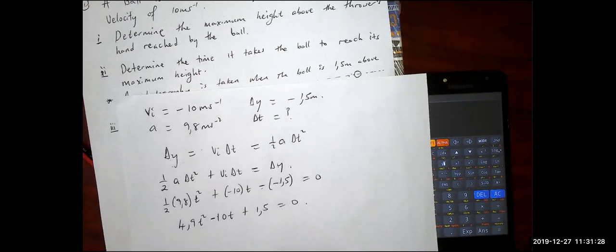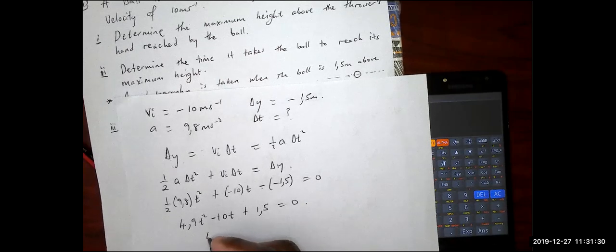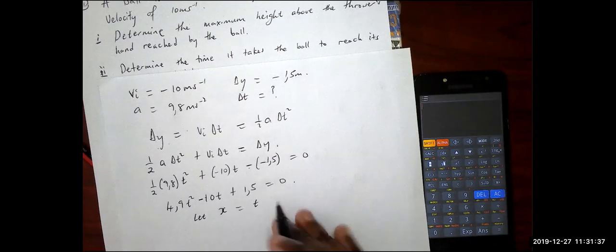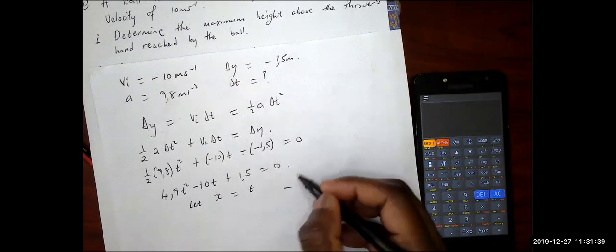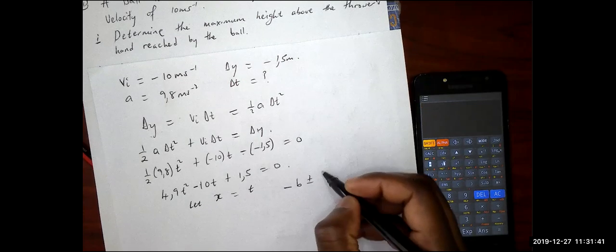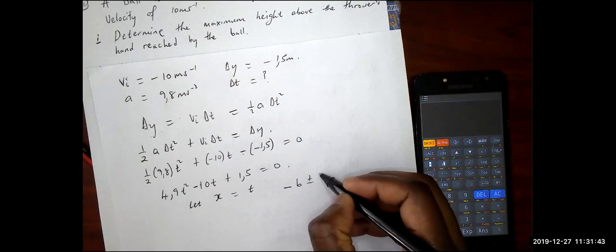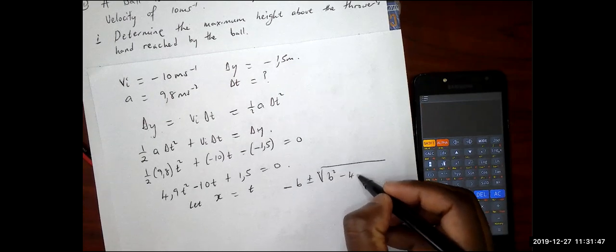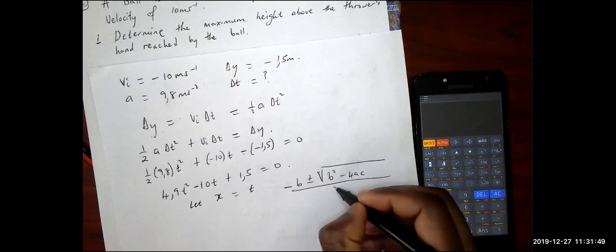Now let x equal to t. So we're going to use the quadratic equation here, which is minus b plus or minus the square root of b squared minus 4ac all over 2a.